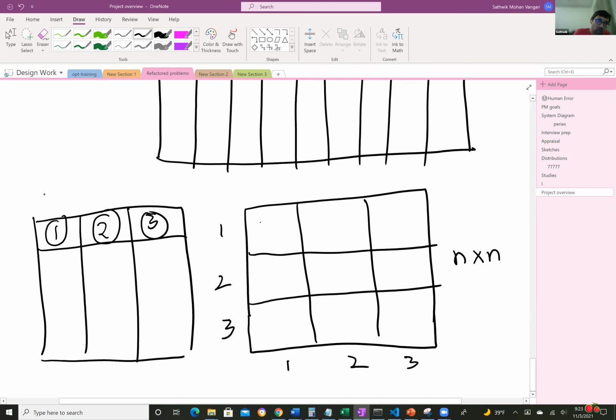Okay, so let's assume this is cost of cotton, this is cost of labor, and equipment.